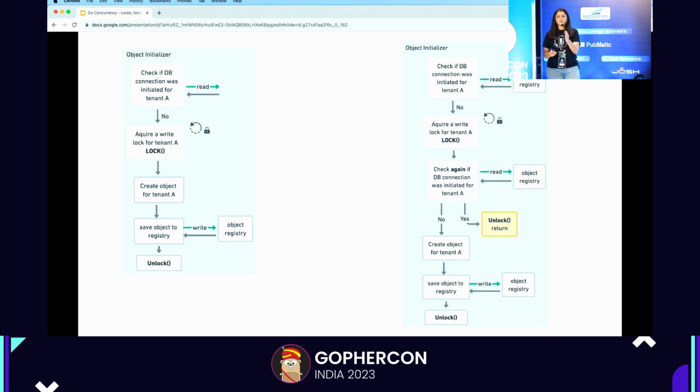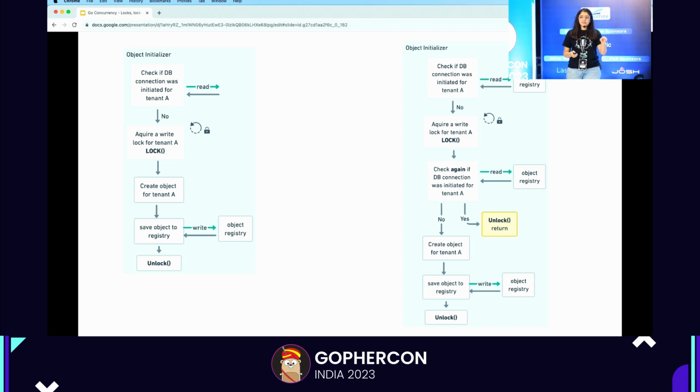Now what optimistic locking says is a similar flow. You come again, you check whether you have already done this. You say, no, it is not done yet. So the optimist first comes, sees it is not done yet. This is the first time when everybody gets a no for an answer. Then it acquires the lock. Now the optimist says, okay, I'm hoping maybe somebody already did this.